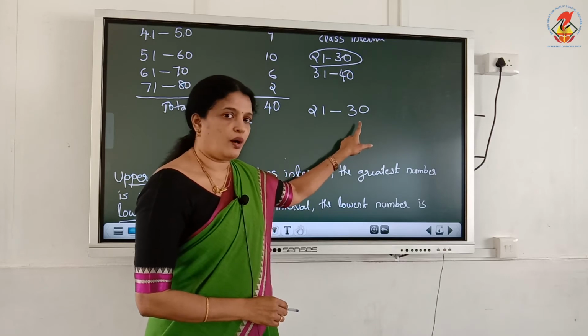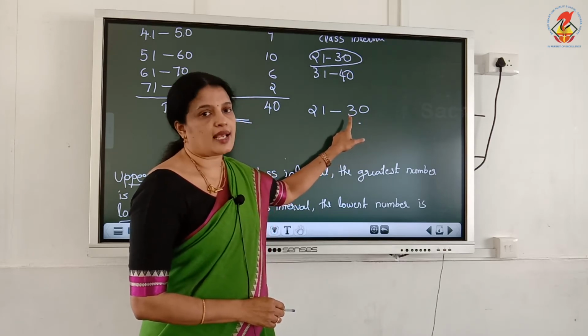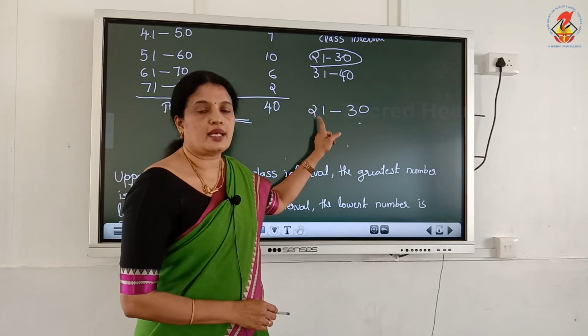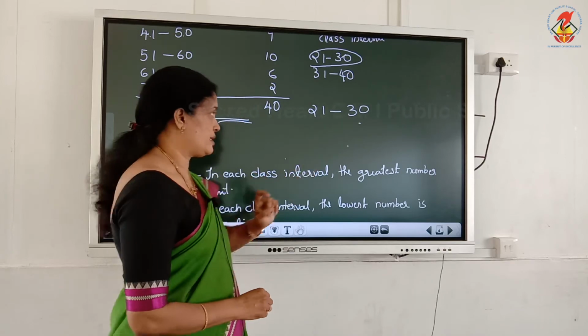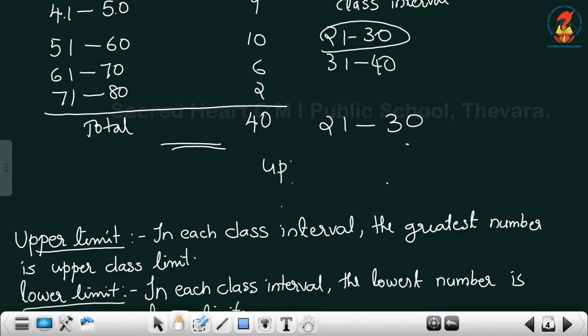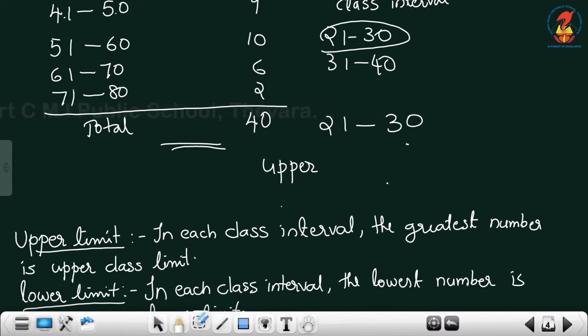What is the lower limit? Lower limit means the smallest number in this class interval. 21 is the smallest number. This is the lower class limit.